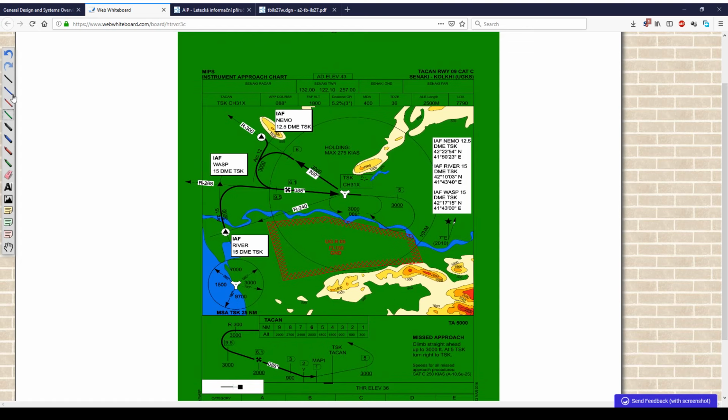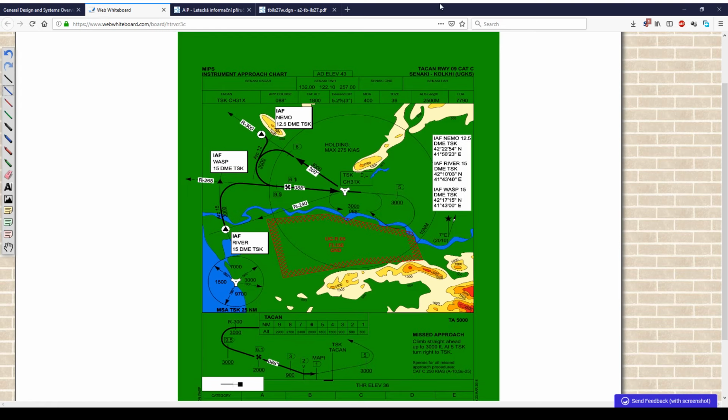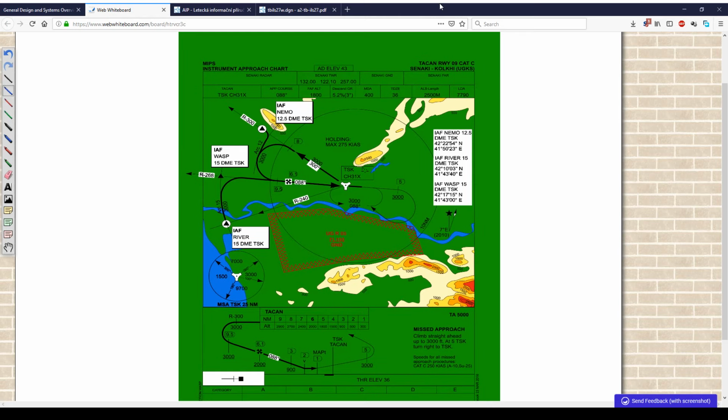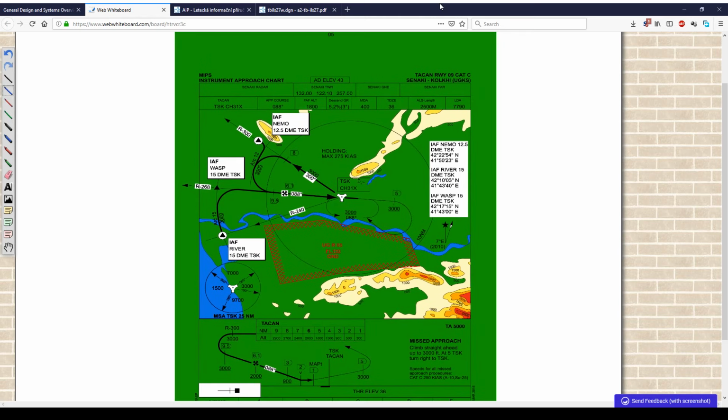Here you have it. It looks a bit different because it is a flip. Flips are usually a military procedure. But you have basically the same information you can find here. You see the instrument approach chart for Senaki Kolki airfield.